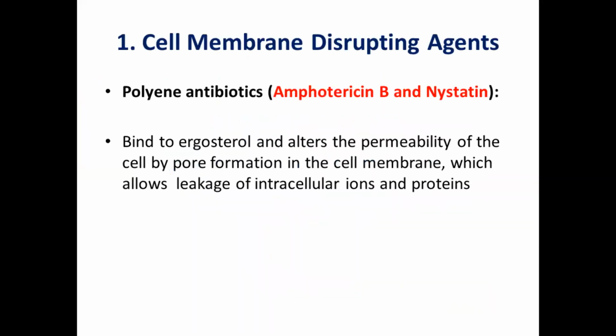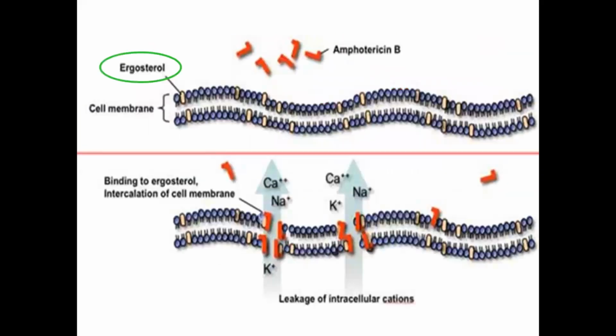So, number one, we have the cell membrane disrupting agents like polyene antibiotics such as amphotericin B and nystatin. They bind to the ergosterol and alter the permeability by forming a pore that allows the leakage of intracellular ions and proteins.